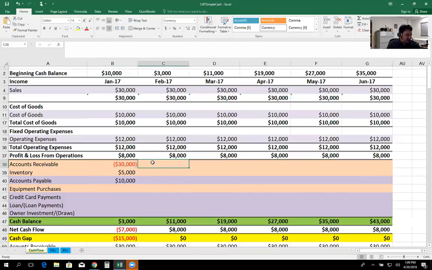So that's going to zero that out. And it's the same thing with accounts payable. I'm going to pay $10,000 from January, but I'm going to gain $10,000 from February by waiting to pay that until March. So from that point moving forward, again, you'll see I start going up $8,000 a month.